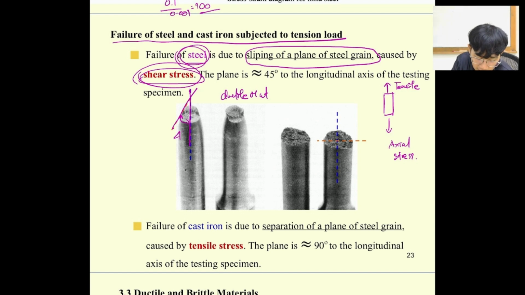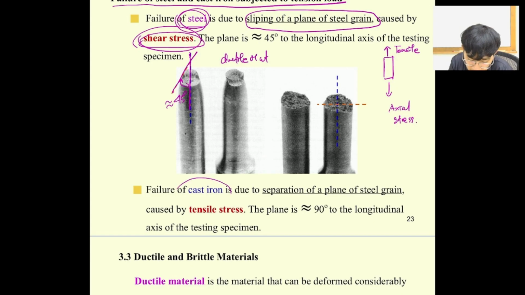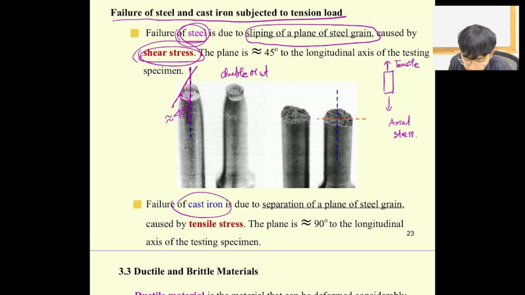It failed at around a 45-degree angle, so this one we call shear stress. But for the cast iron, this one failed by the separation of the grain, and I can say that it failed by the tensile stress in the axial direction over here.